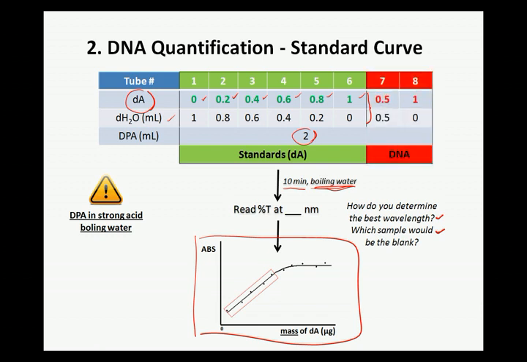So now, when you do your experiment, when you prepare your standard curve, at the same time you also take two samples of your genomic DNA, 0.5 milliliters and 1 milliliter, and obviously you bring them to 1 milliliter in total with distilled water, and you do the same reaction with 2 milliliters of diphenylamine.